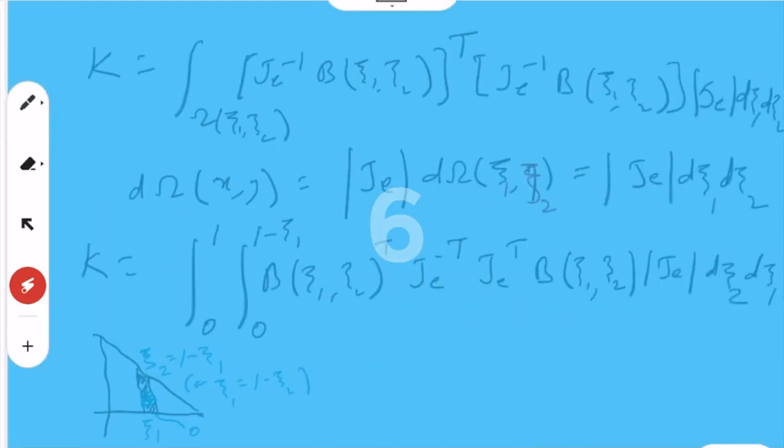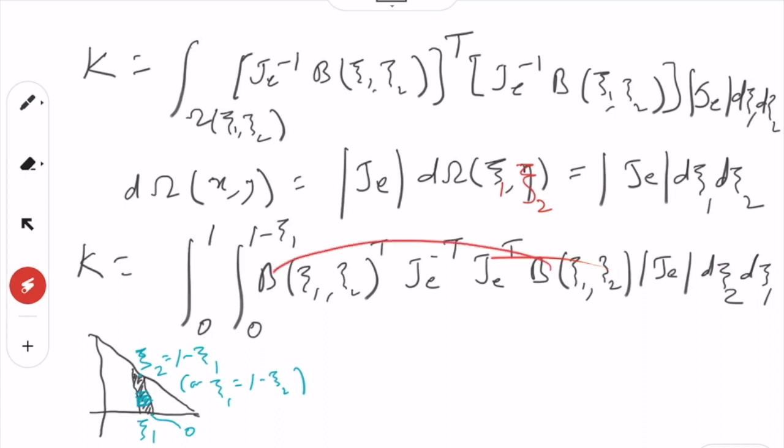So this can go out, and what remains for a triangular element, just a 3-noded system, is all constant values.